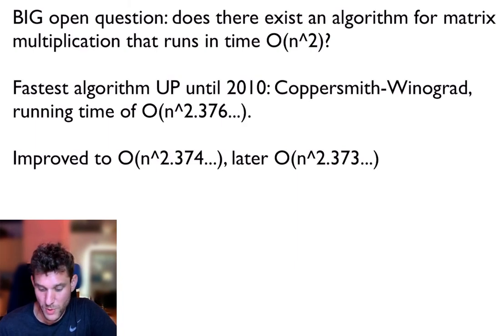It was improved to O of n to the 2.374, and I think a little bit later, in 2010, it was improved to n to the 2.373. I'll just mention this because I remember when that happened. When I was in grad school, Virginia Vassilevska Williams ended up improving upon this result just a little bit, shaving just a tiny factor off that exponent. So as you can see, we're still really chipping away at this problem, and it's apparently a very challenging one.